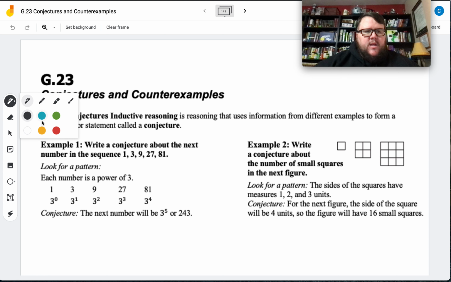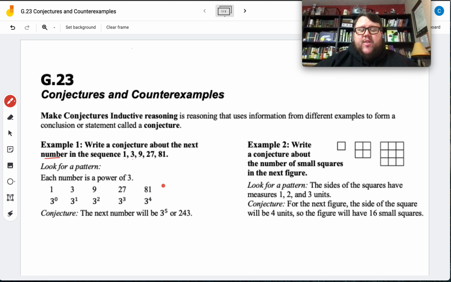Example 1 says to write a conjecture about the next number in the sequence. We have 1, 3, 9, 27, 81. They came up with a pattern, and the thing about these is it can be multiple things. It doesn't always have to follow one rule, so sometimes there's more than one answer.